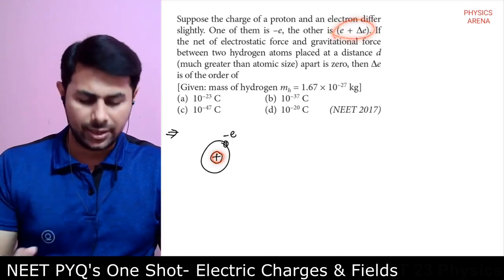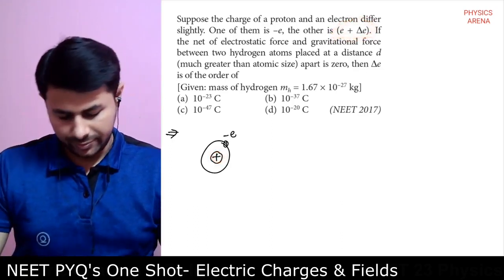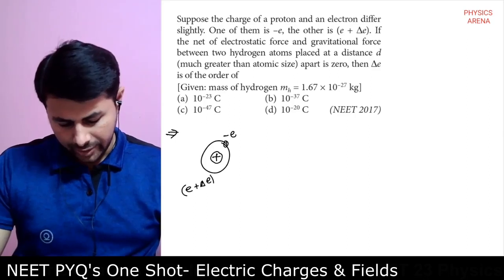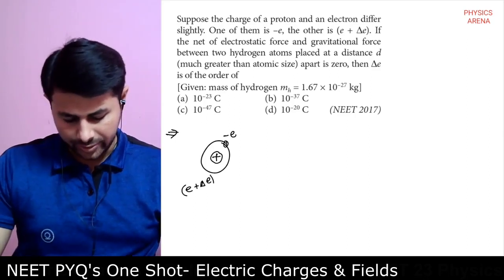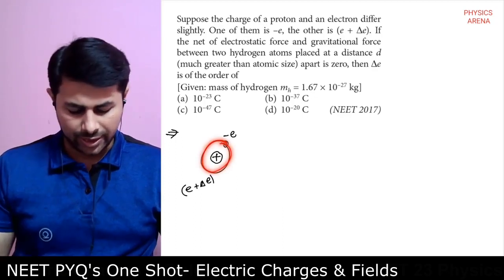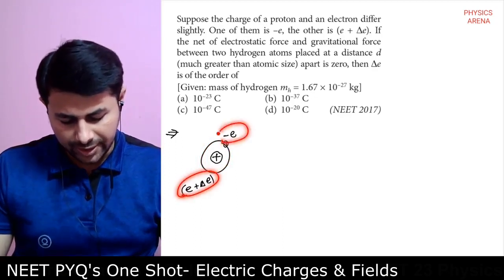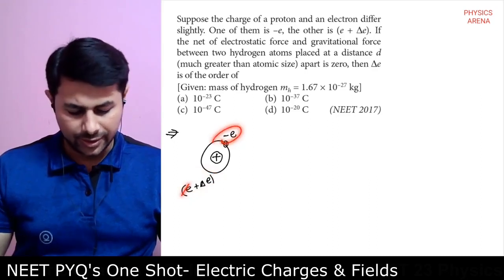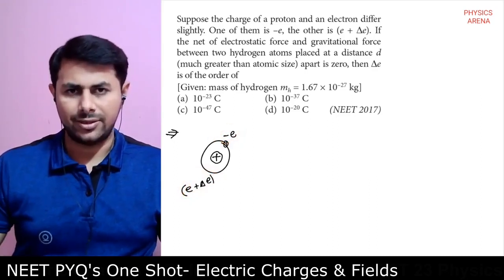Given that it is not e, it is e plus delta e. So how much would be the net charge on the hydrogen atom? e plus delta e minus e. So plus e and minus e get cancelled. So the net charge is delta e.